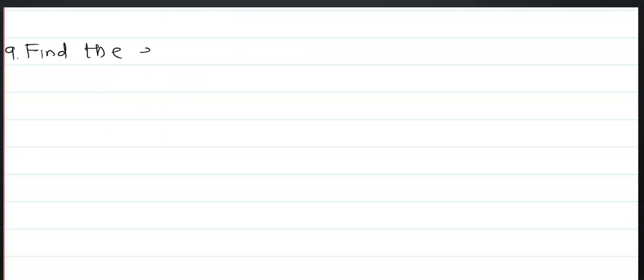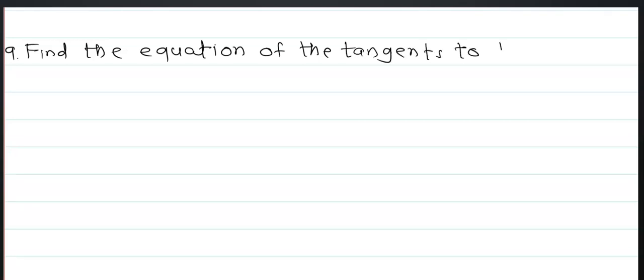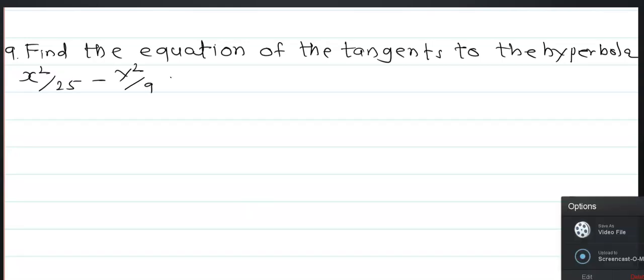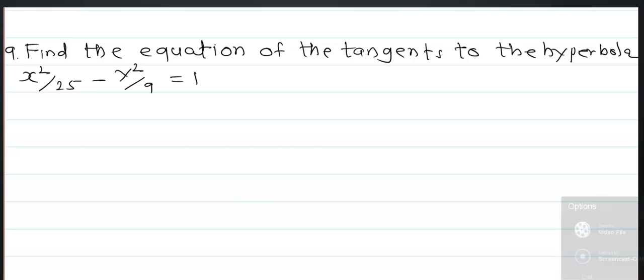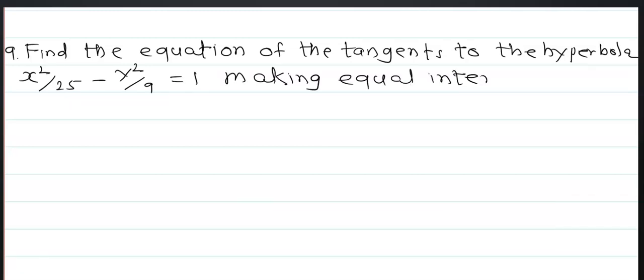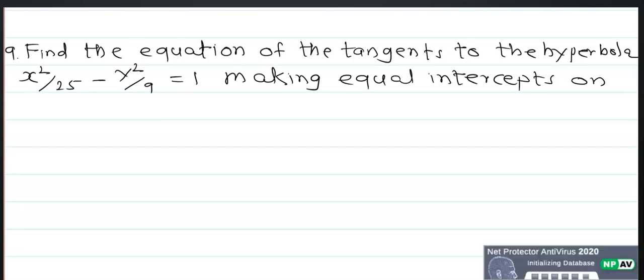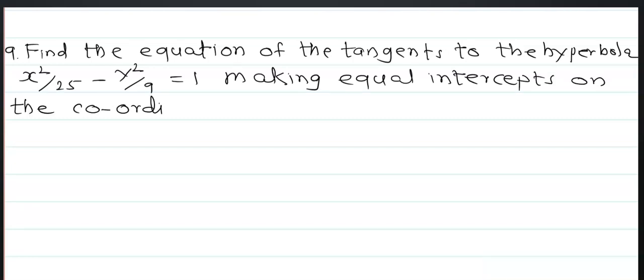Ninth, find the equation of the tangent to the hyperbola x square upon 25 minus y square upon 9 equals 1, making equal intercepts on the coordinate axis.